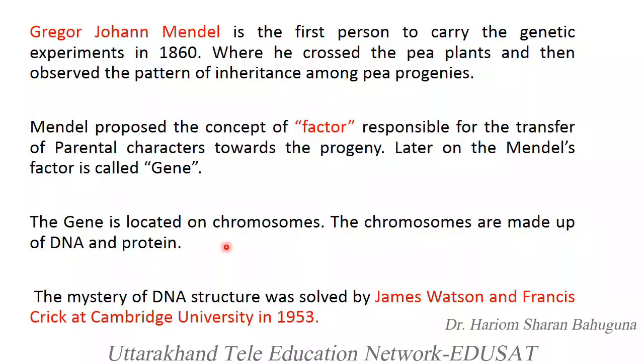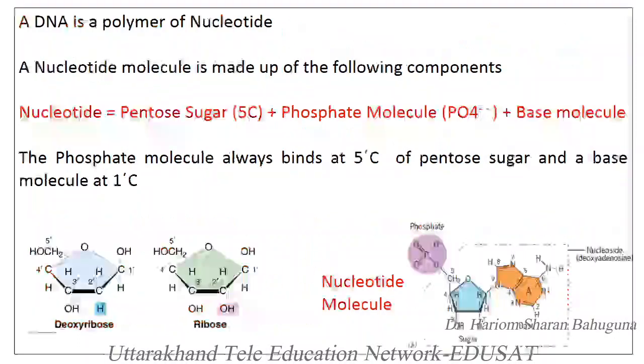Chromosomes are made up of DNA and protein, and the genes are the ultimate hereditary unit of DNA. And in 1953, James Watson and Francis Crick at Cambridge University proposed a double helical structure of DNA.